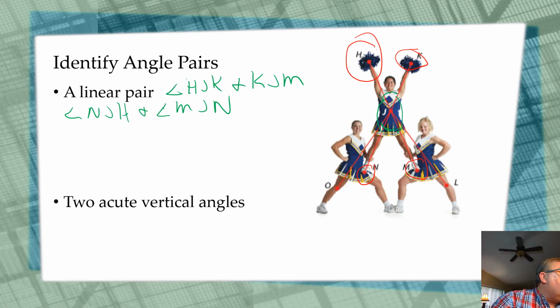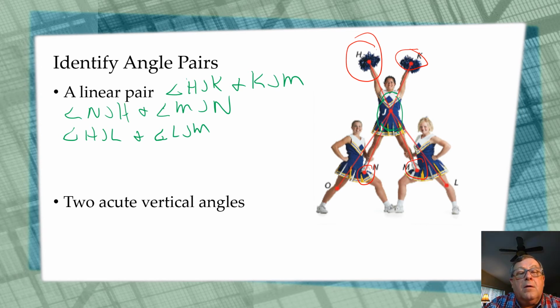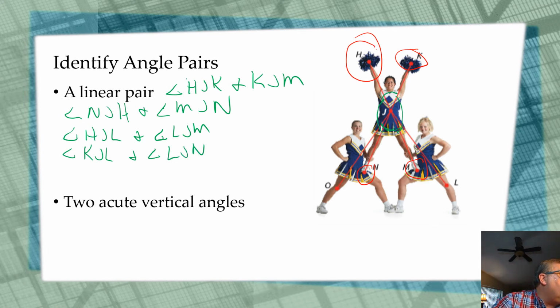Let me go ahead and list the others. Let's see. I got angle HJL and LJM. That's a linear pair. KJL and LJN. That's another linear pair, so that's four of them.